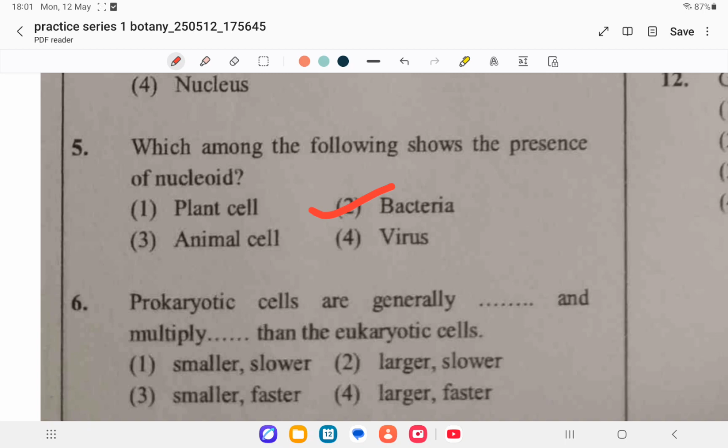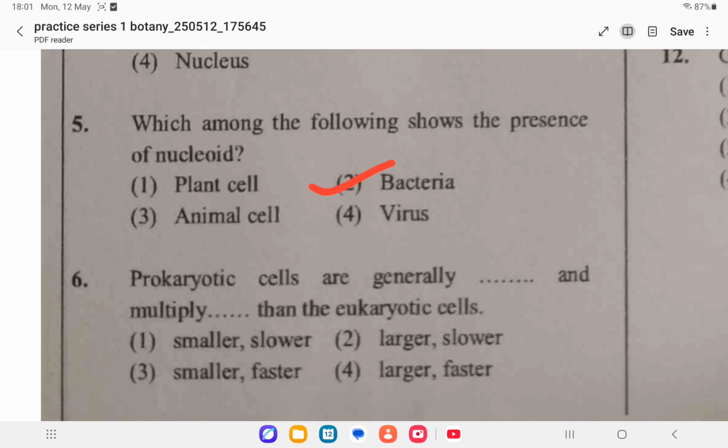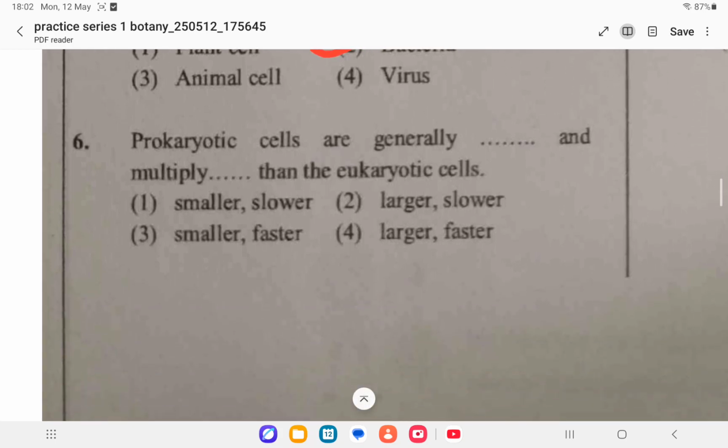So that's present in bacteria. In NCERT you will find the answer. And virus doesn't have its own genetic material, we all know. In plants and animals the nucleus is well defined, whereas nucleoid is absent. Now we move forward to the sixth question.